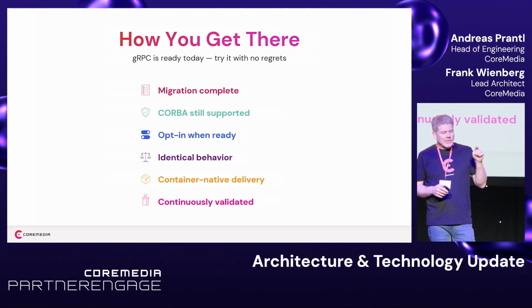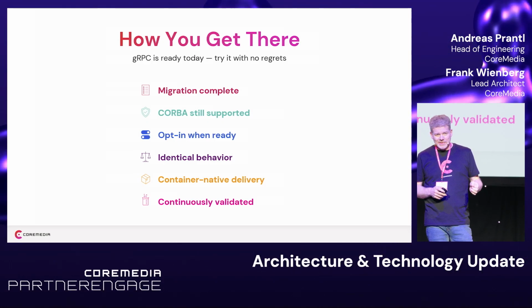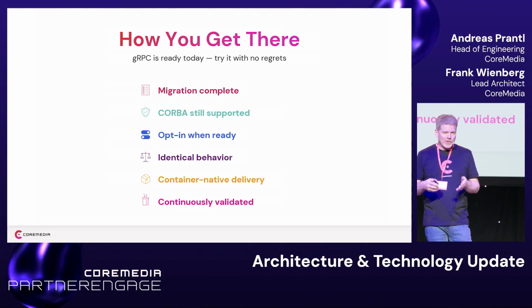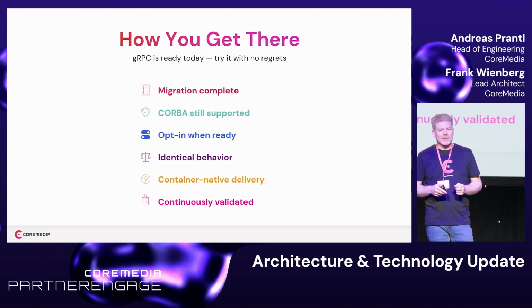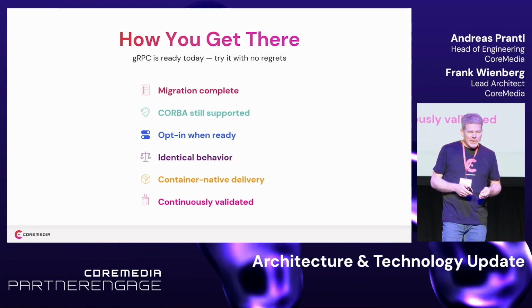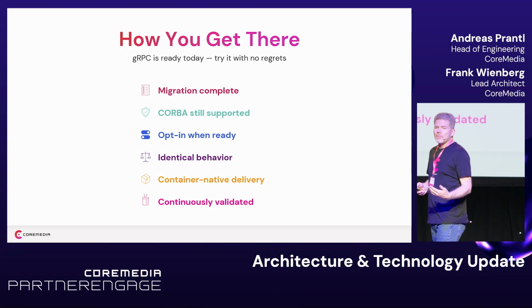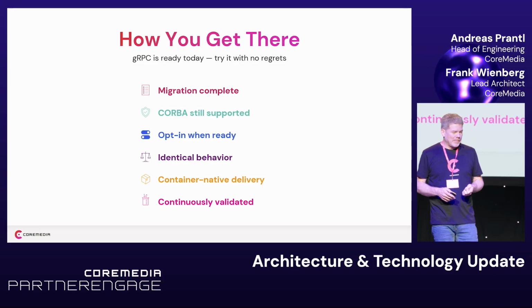To be honest, we ourselves have not yet switched on gRPC in our service, because we already have solved the problems around CORBA, how to deploy it, how to make it play well. And it runs stable, so there's no need to change it now, but of course we will in time.